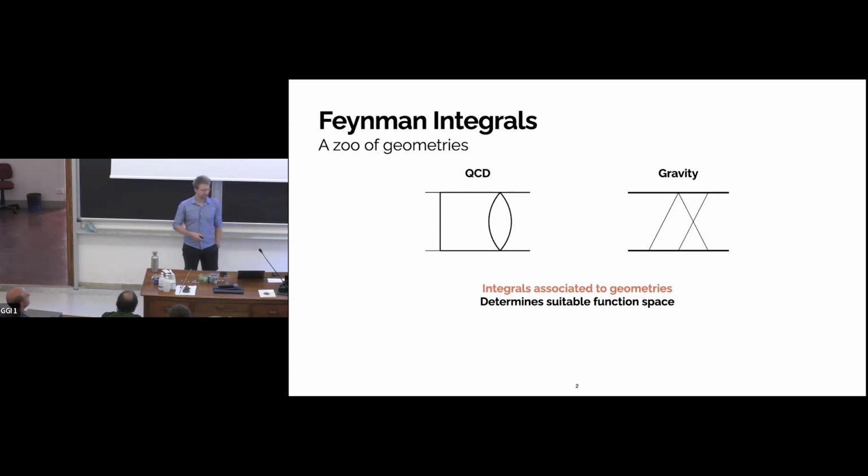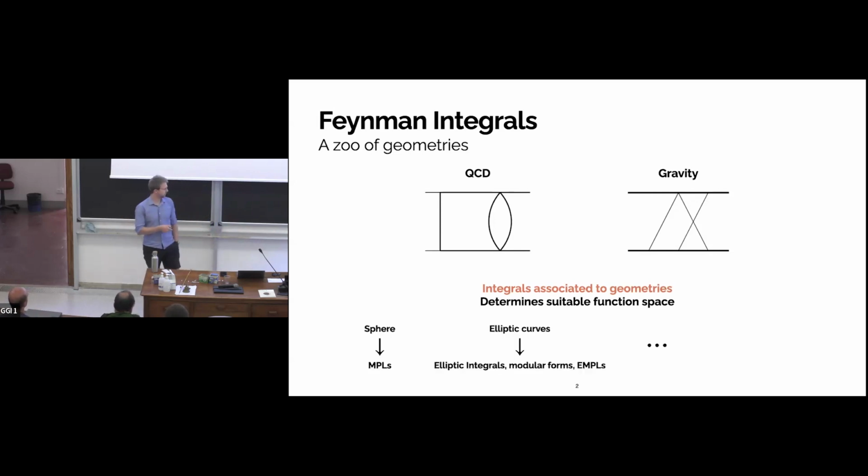In particular, the geometries underlying the integral determine the space of functions that the final analytic result for the integral will be expressible in. In the simplest case, you have a Riemann sphere, which you can think of as being associated to MPLs, just punctures on a Riemann sphere.